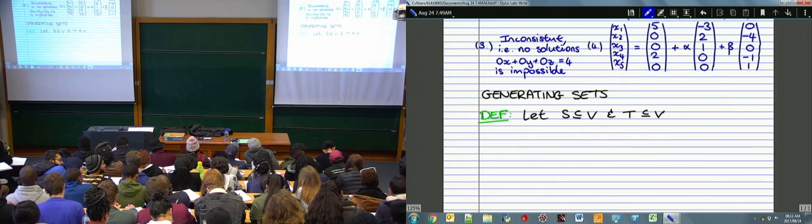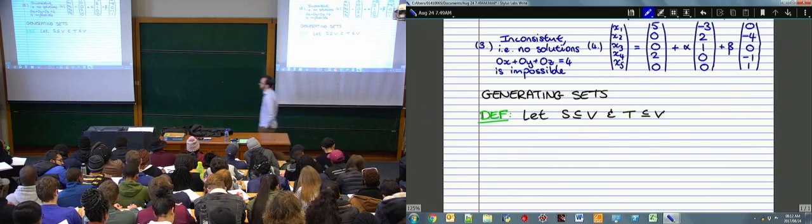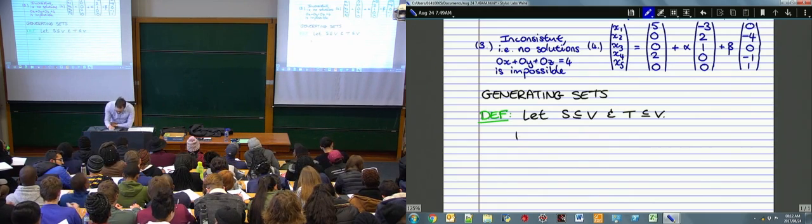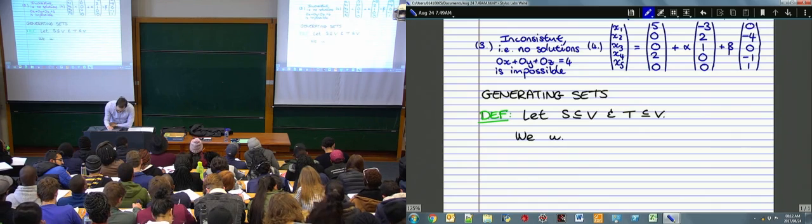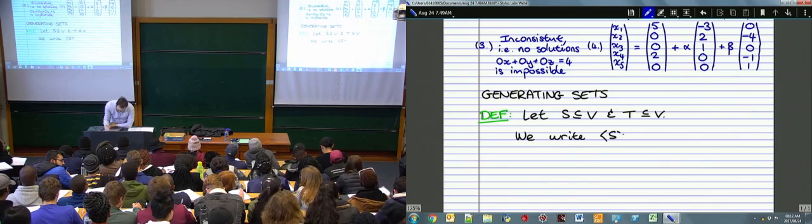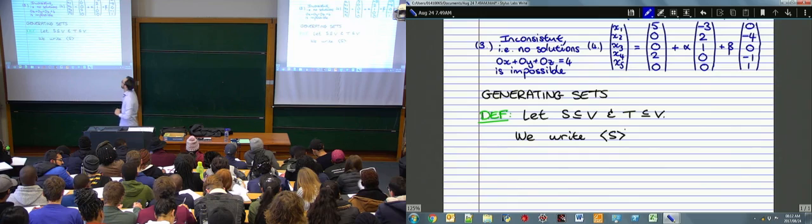S and T are both subsets in this vector space. We write down this over here, S with these angular brackets.